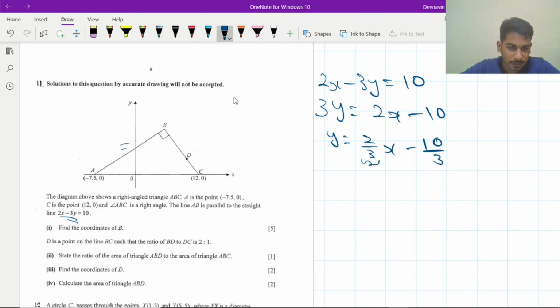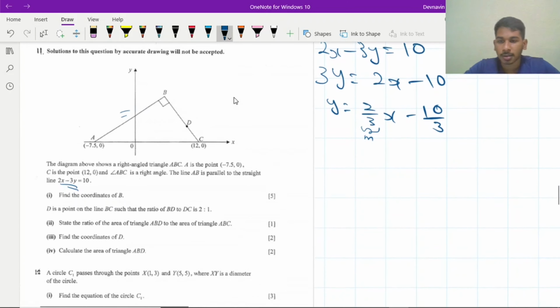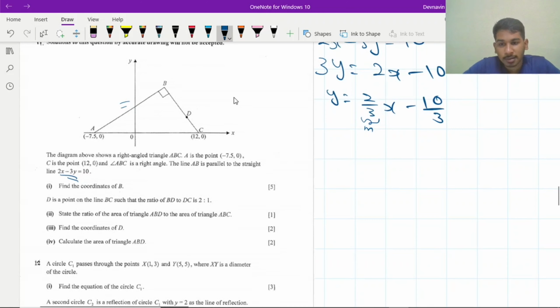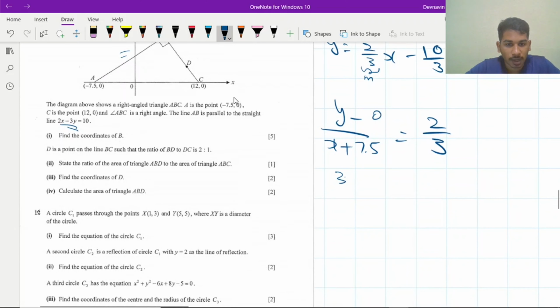So we know this is the gradient. Using that idea, we can form an equation for AB: y minus 0 over x plus 7.5 is equal to 2/3. So we have 3y is equal to 2x plus 15.